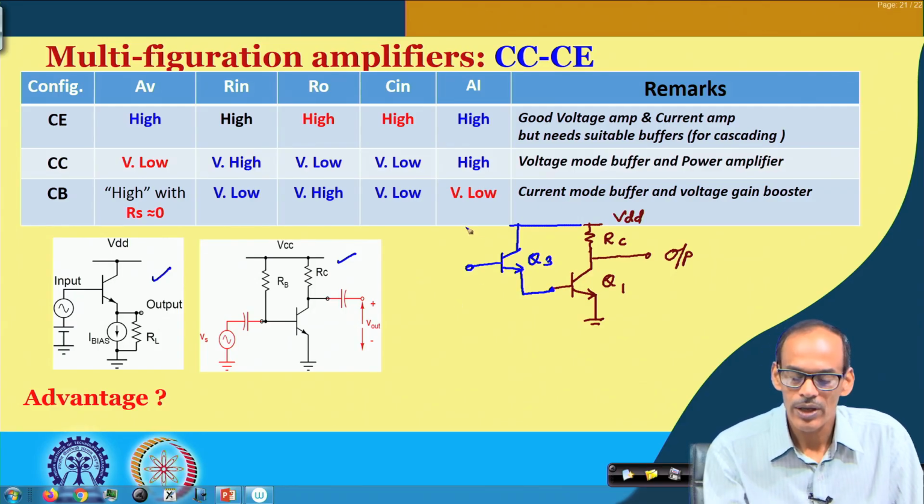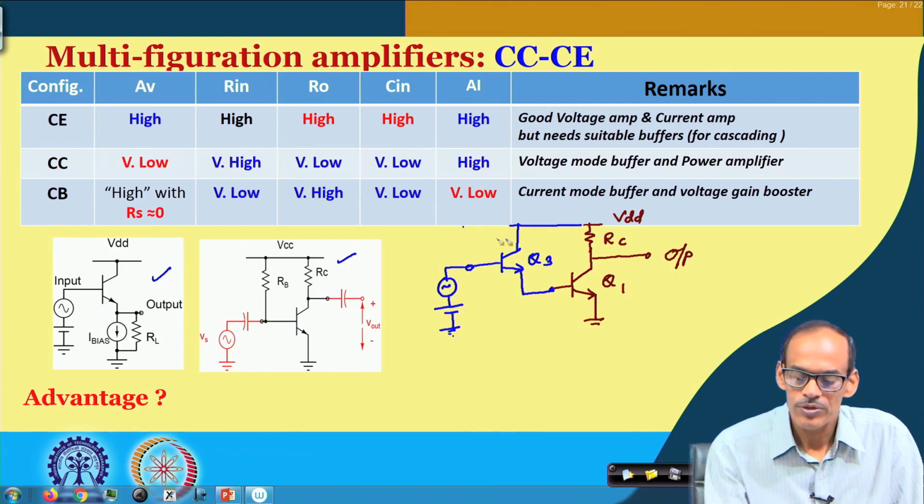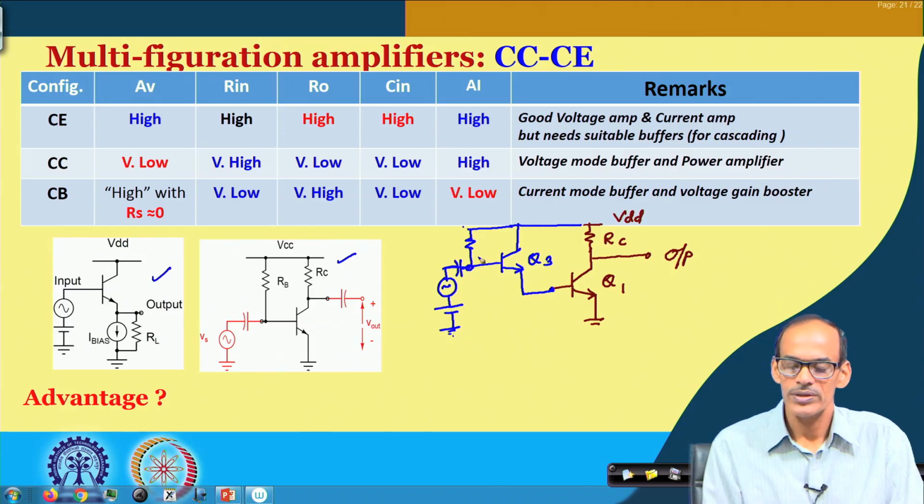Either we may have the bias circuit here, or depending on the situation we may put a signal with a meaningful DC. If I put a bias circuit, on the other hand we can put a DC blocking capacitor, and then feed the signal.